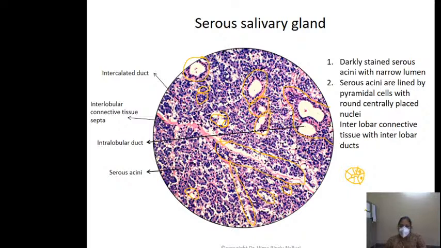All of them are covered by the capsule, and then the interlobular connective tissue septa, and the intralobular duct system in all will be the same. So I need not go again and again for all the three slides. The only identification point is that you see the serous acini lined by pyramidal cells with round, centrally placed nuclei. That is the characteristic feature of the serous salivary gland.